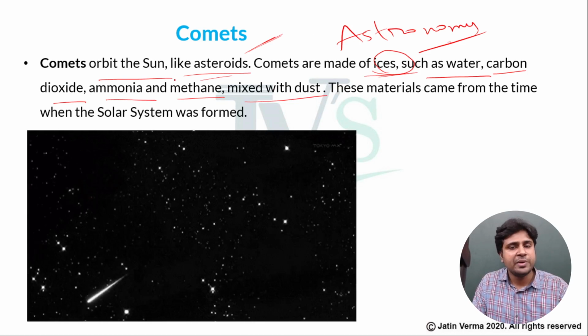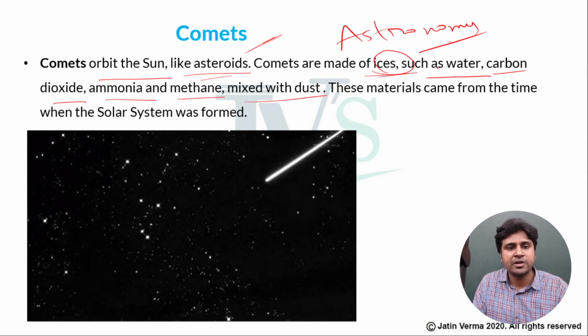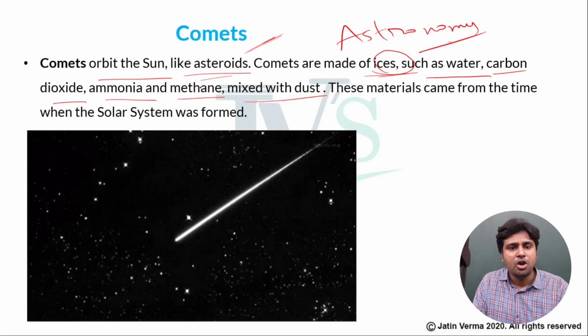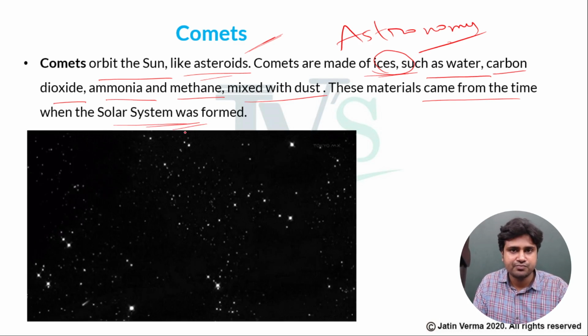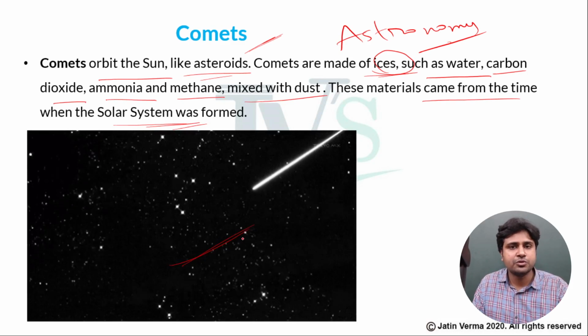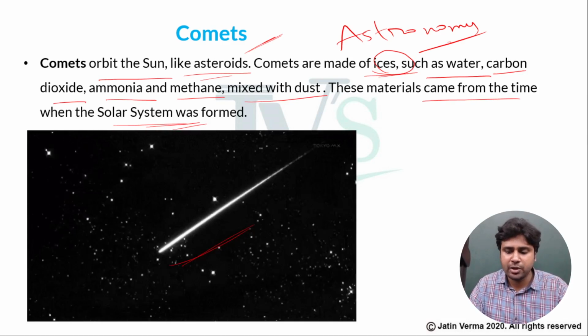So comets orbit the sun like asteroids, and comets are made up of ices like water, carbon dioxide, ammonia, and methane mixed with dust. All these materials came from the time when solar system was formed. Simple, right? So this is how a comet moves through space. We'll also discuss about the tail of the comet. Please don't worry about that.